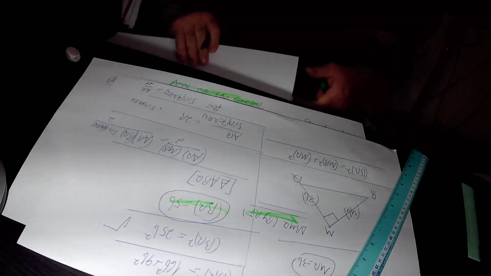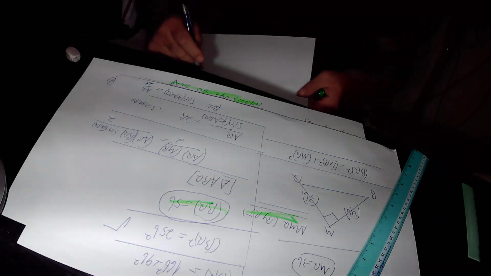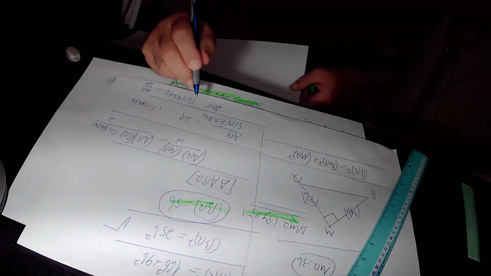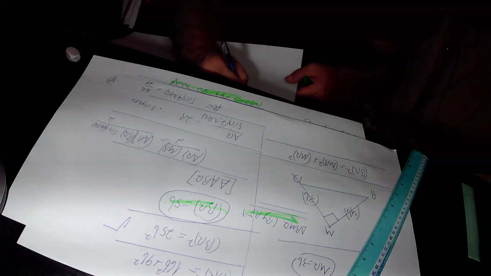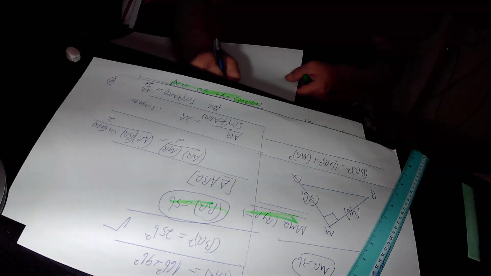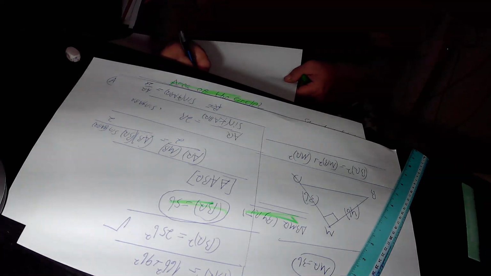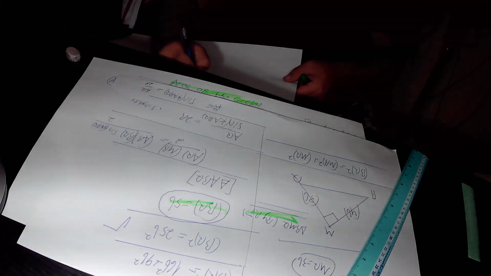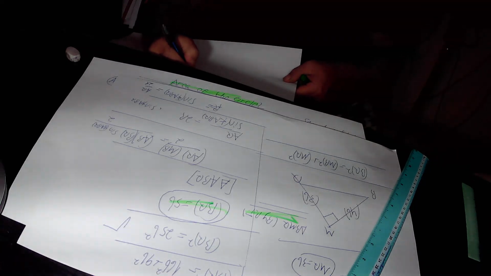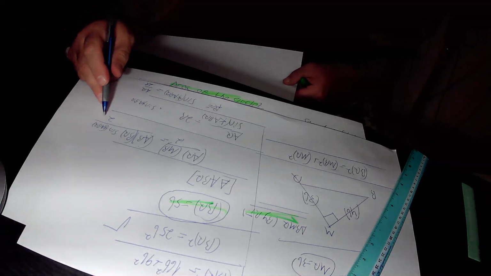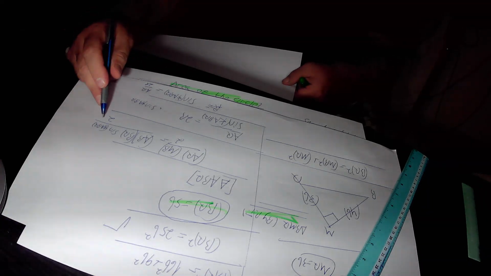We do it now, and we get that AQ times MB over 2 equals AB times BQ over 2 times sine angle ABQ.